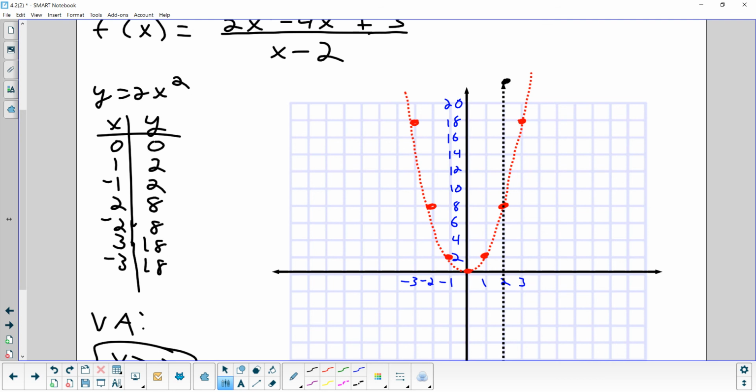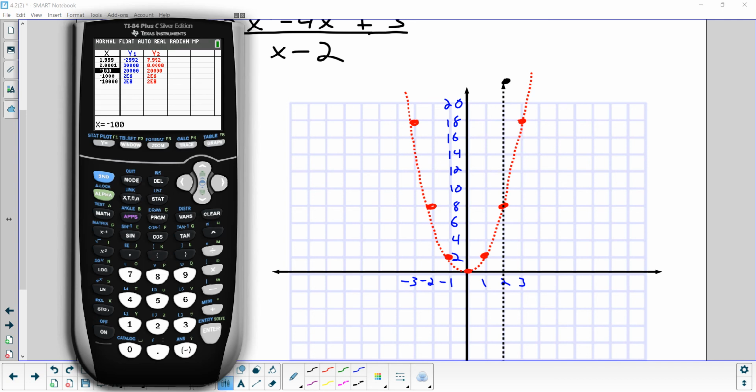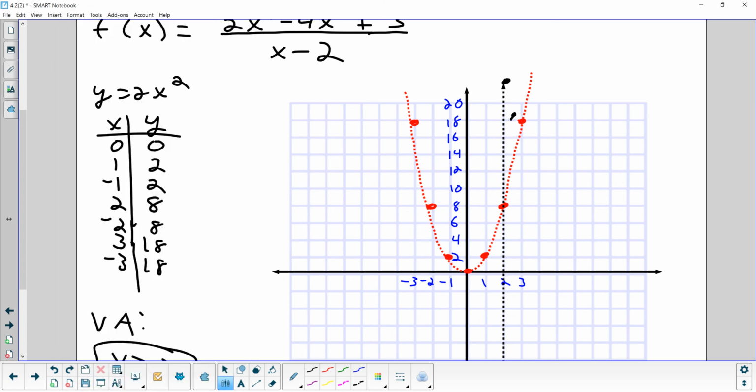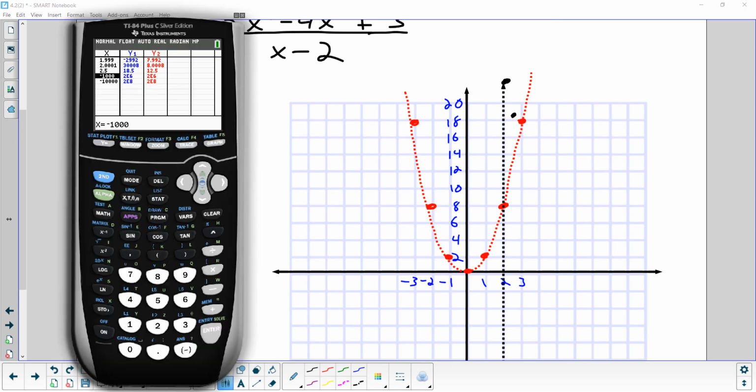So we're going up extremely high. Now, I'm going to need a lot more detail about what's happening in that spot right there. So I'm going to try 2.5 and see if I can get another y value. At 2.5, I'm at 18.5, maybe about right there. Let's try 2.7. All right, kind of at the same spot, just a little bit higher.